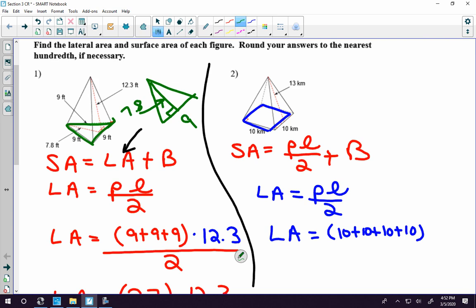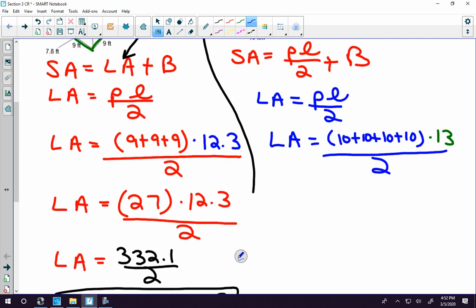Remember, again, the slant height, if I draw one of the triangular faces, the slant height is the altitude of one of the faces. So the height of that green triangle is 13 kilometers. So the slant height is 13, divided by 2.